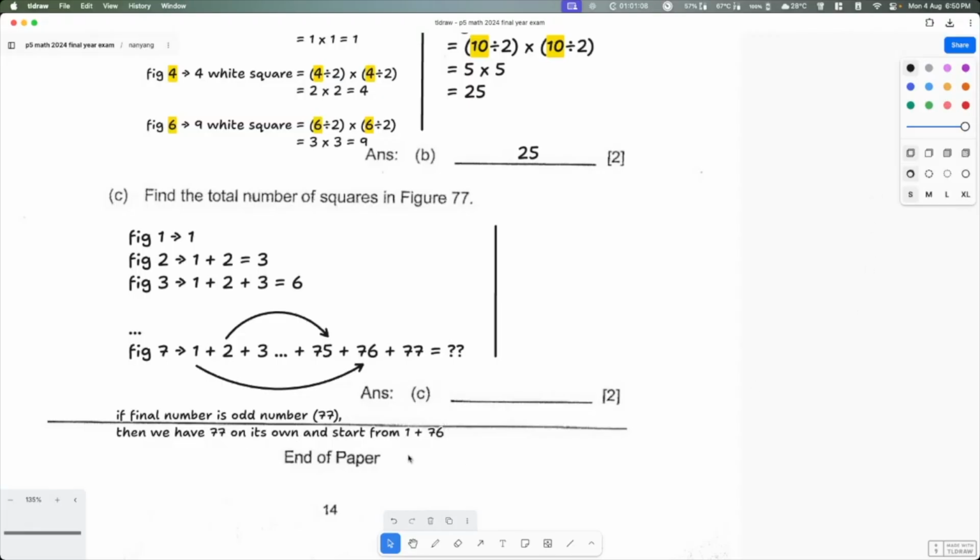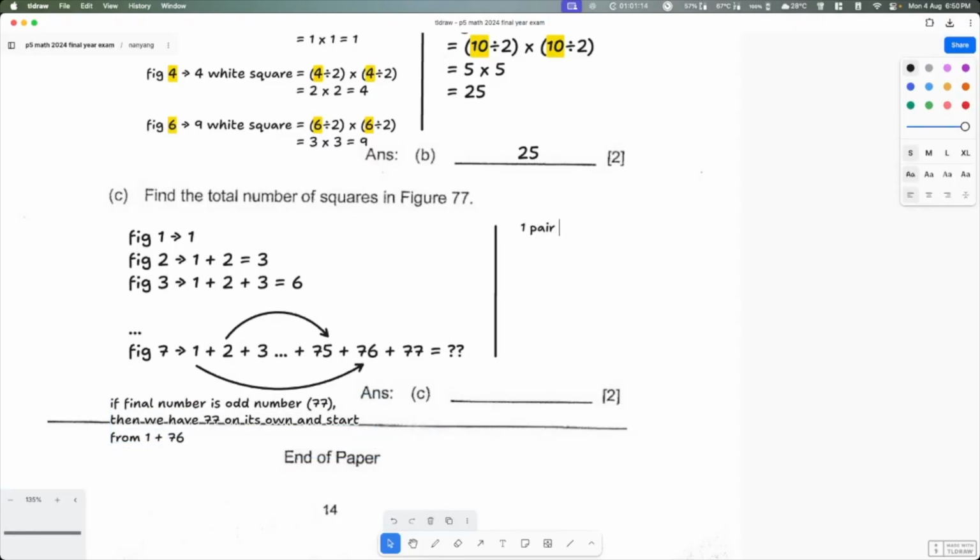So each pair is equal to 76 plus 1, which equals 77. Then the number of pairs is 76 divided by 2, which gives us 38.